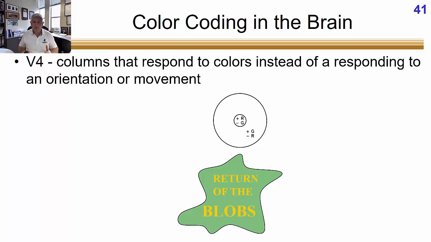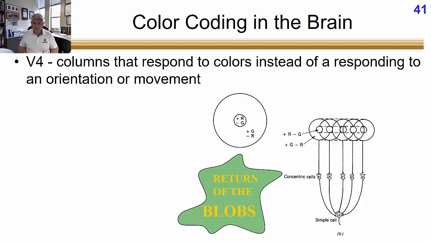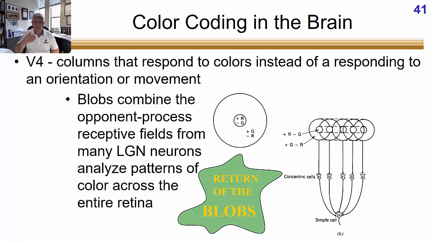So V4 is a specialized area of secondary cortex responding to colors instead of shapes or movement. And somehow we're able to take these overlapping receptive fields, just like we talked about before, to generate the horizontal, all the different angles of lines, right?